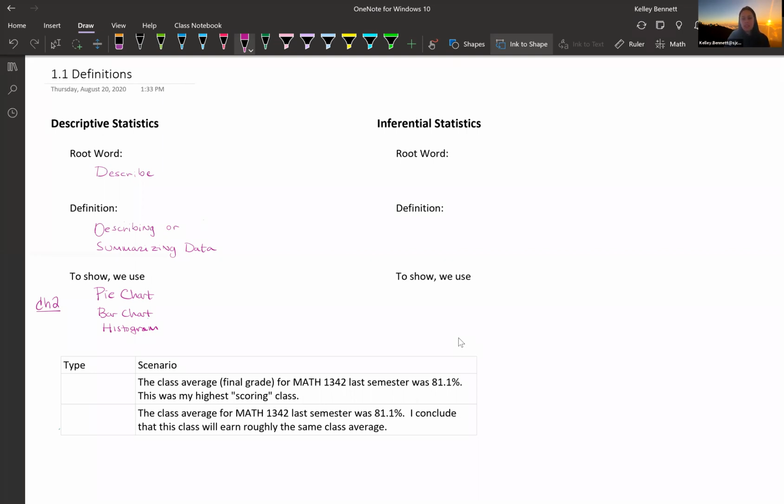Inferential statistics, notice here that the root word is infer, which really means to imply or generalize or deduce. So here what we're doing is we're making a conclusion or generalizations about a larger group based on a smaller group.